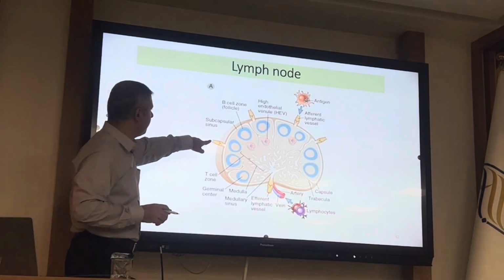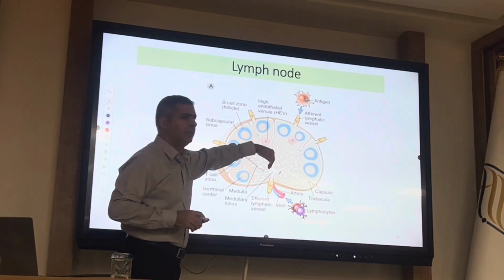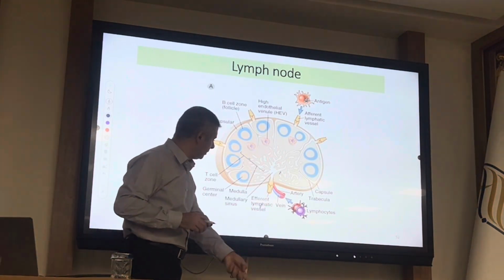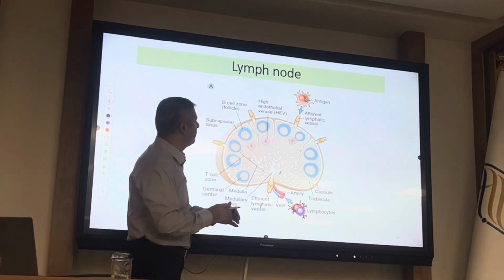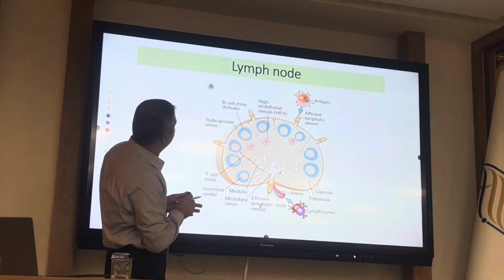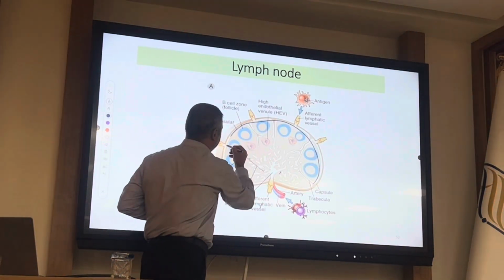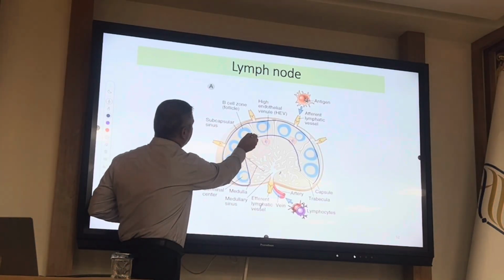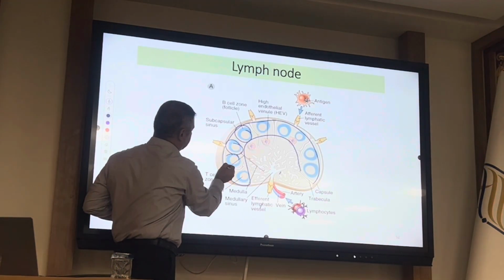Okay, so afferent lymphatic vessels bring the lymph to the lymph node, and efferent vessels take the lymph from the lymph node. Inside the lymph node we have a capsule, and beside the capsule a subcapsular region where we have follicles. You can see them here.